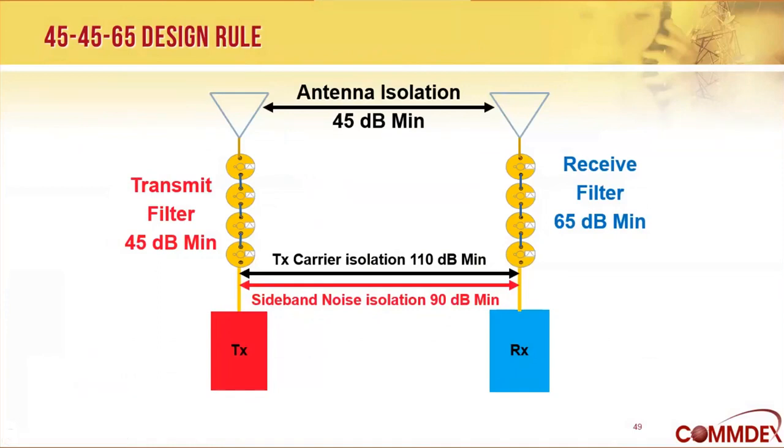On the receive side, we try to filter out the transmit frequency on the order of about 65 dB. And then for the antennas, we try to separate them enough in either horizontal or vertical space to achieve at least 45 dB isolation. So that's just a rule of thumb that is used. Everything's not hard and fast, but those are the kind of numbers we go for typically.